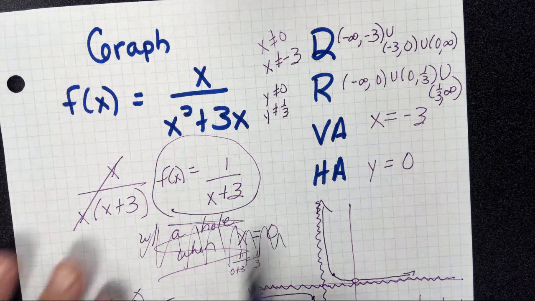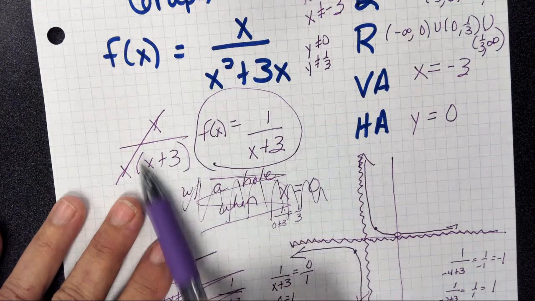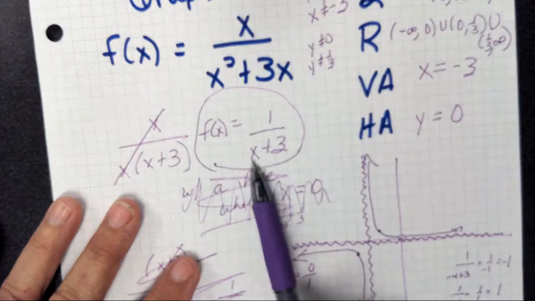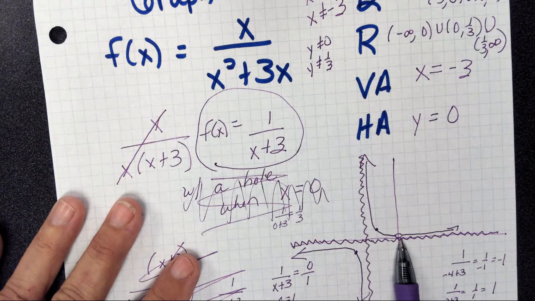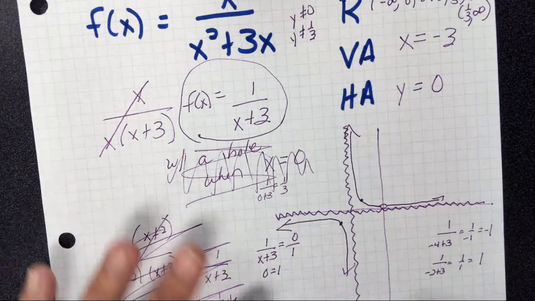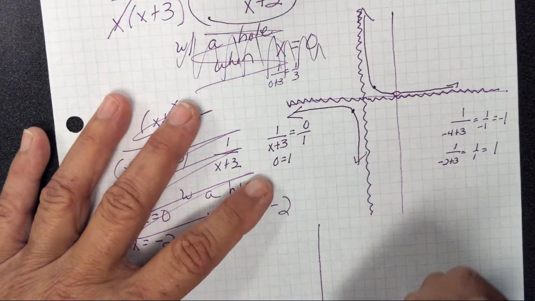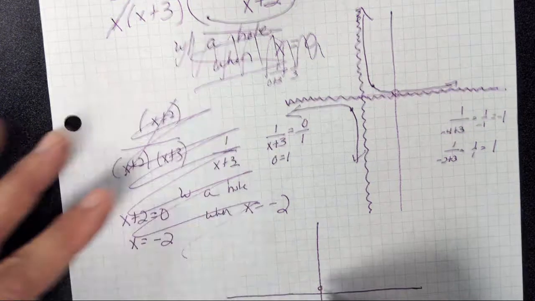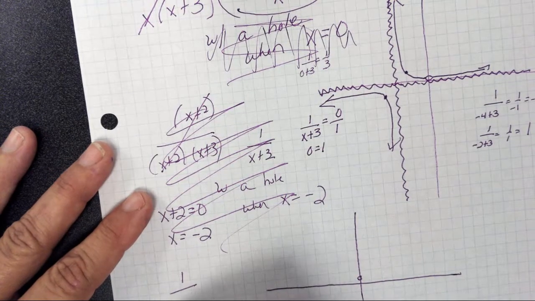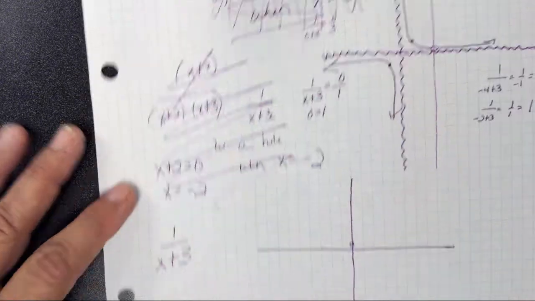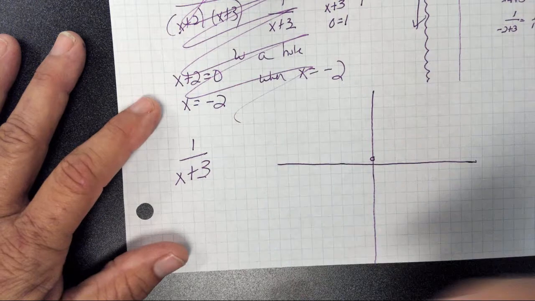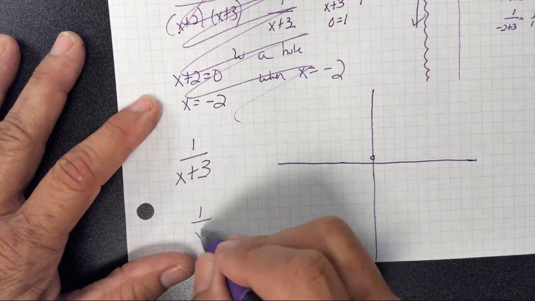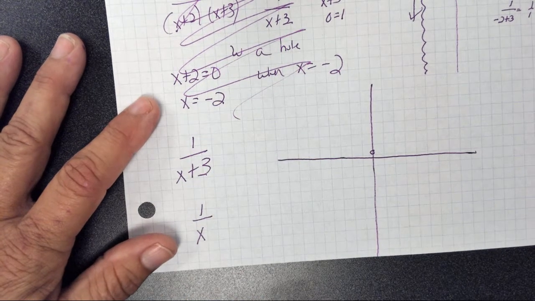You can't change this part. Factoring out the x, we get to here, we address our hole. Okay? But if I am thinking, once I address my hole, so I go ahead and I put my hole there, and now I look at what I am graphing. Isn't that the parent function moved left 3?